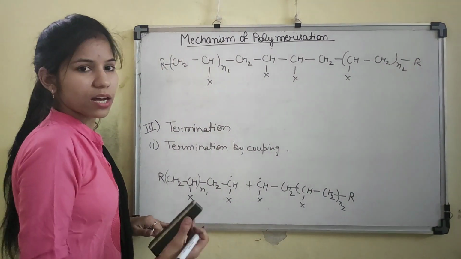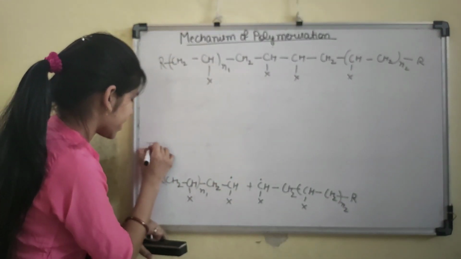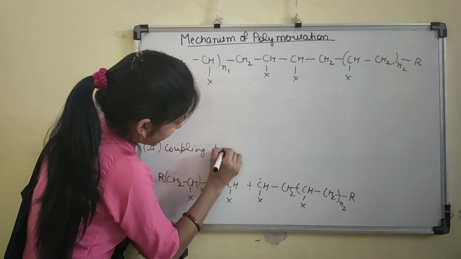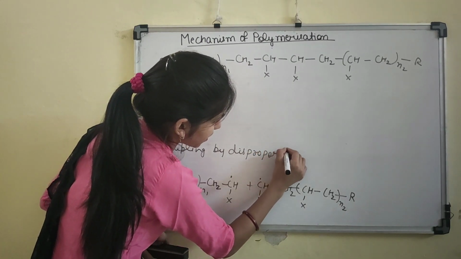And the second is coupling by disproportion.